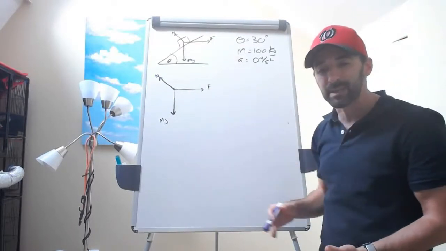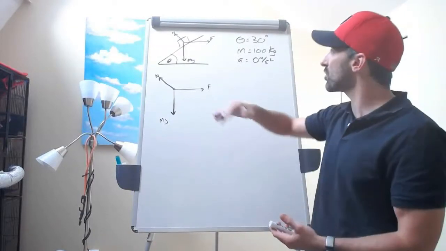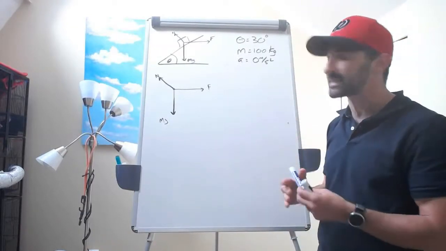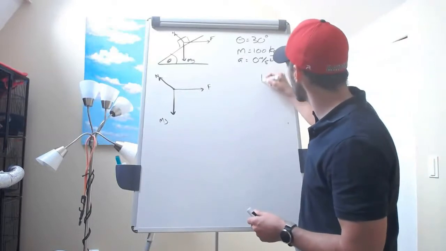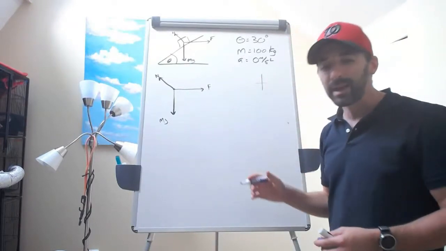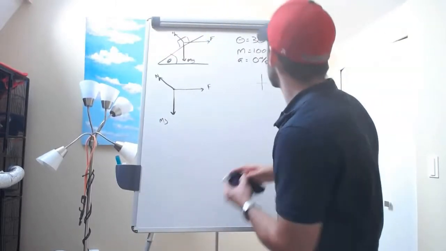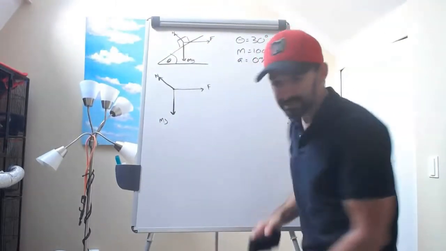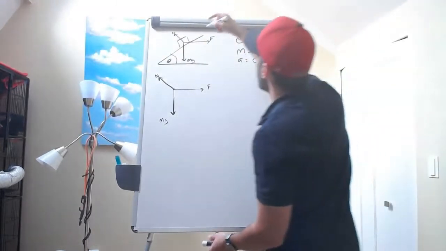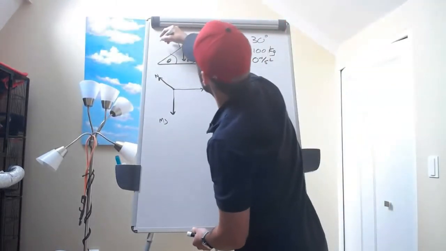So one thing I skipped here is drawing my X and Y axis. Normally we have an X and Y axis like so. I'm not going to use something like that. I'm going to use a skewed axis, which means I'm going to tilt it to match what this plane is. And you're going to see why.